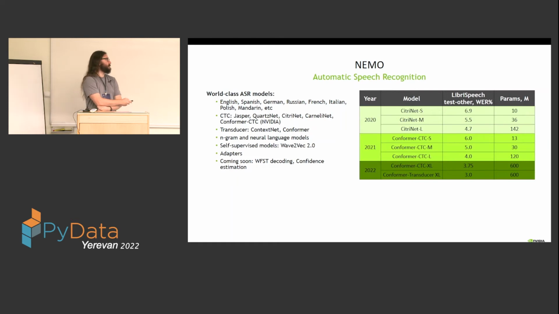LibriSpeech is probably the most widely used, the most common test set to measure the performance of ASR models. So the 3% of error, someone can say, oh, this is still huge. I mean, this is still not practical. It is practical enough. It is actually beyond human parity.